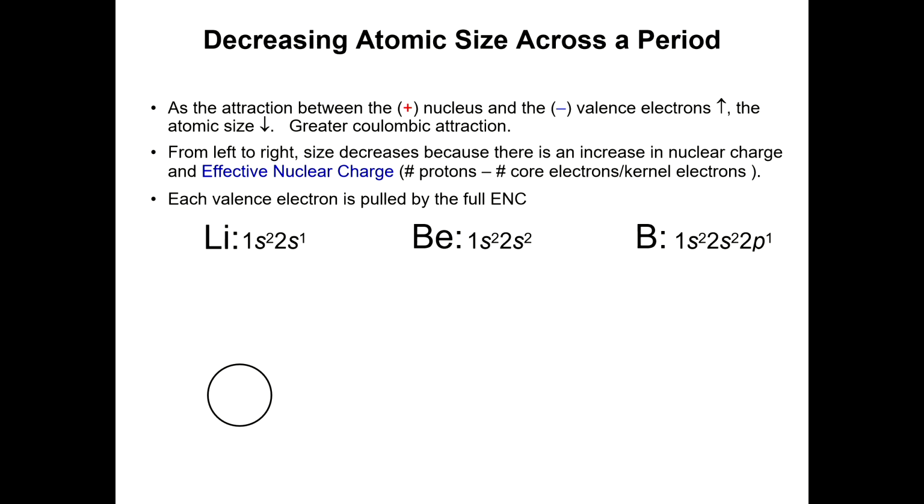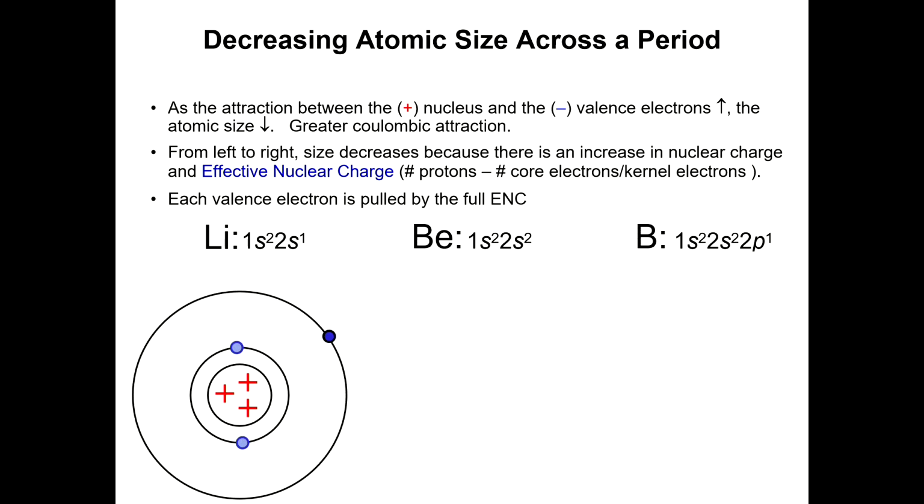Three, yes. It has 3 protons. The configuration is 1s2, 2s1. So how many inner electrons? 2. So 1 is valence. In this case, what is the effective nuclear charge? 1, yes, because 3 minus 2 equals 1. Okay, then I should break.